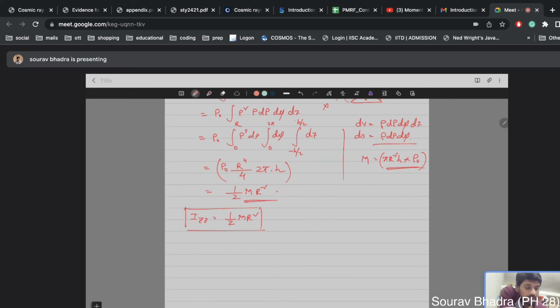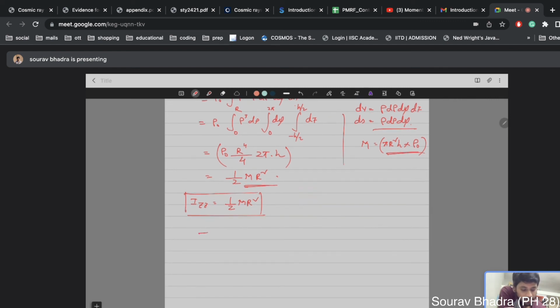Now, it is not a laminar body, so you cannot apply the perpendicular axis theorem for this particular body, which we did in the previous example. That is why we have to calculate Ixx and Iyy from first principles. Remember that, as the body is symmetrical around the z axis, Ixx and Iyy are always equal.